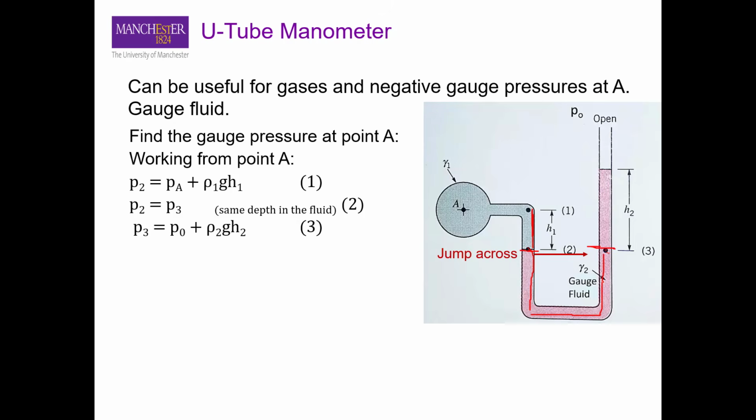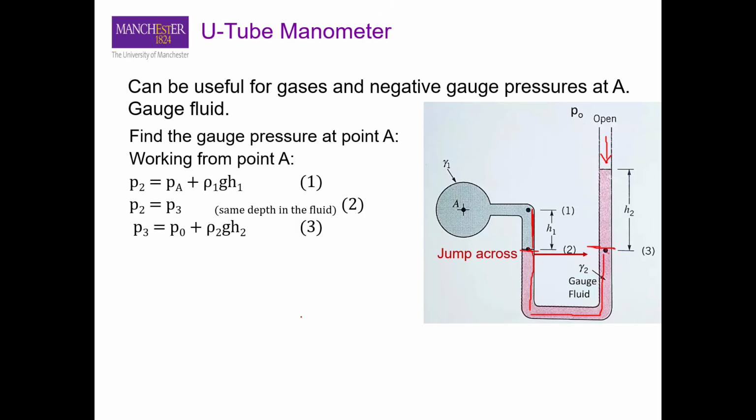So we can write P2 is equal to P3, and then similarly we can develop an expression for point 3. If we look from this side now, we have the pressure P naught acting on the liquid here, and then we have the pressure due to hydrostatics, equal to ρ2 g h2, that is the height of this liquid here.